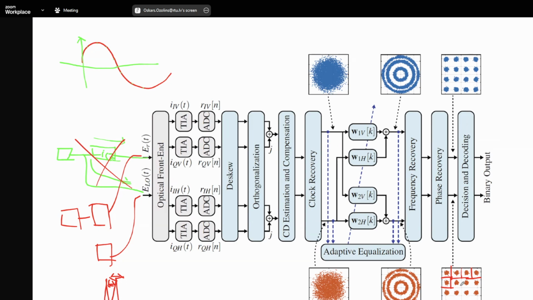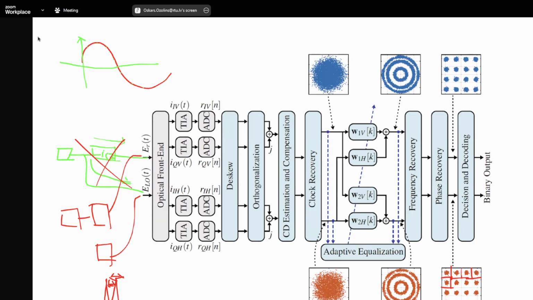So right, I wanted to spend a bit more time on this slide just to explain to you different things that happen in there. And now I have a set of slides just showing what happens if there are some impairments in any of these blocks.